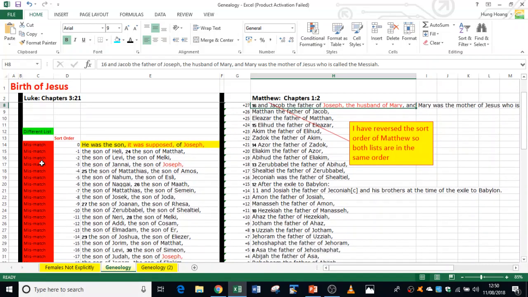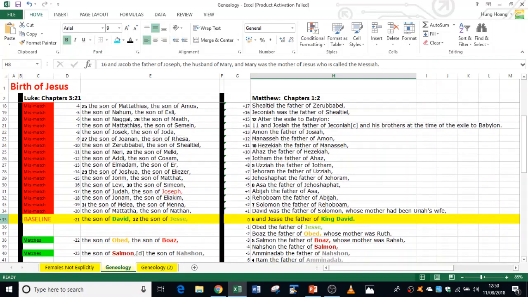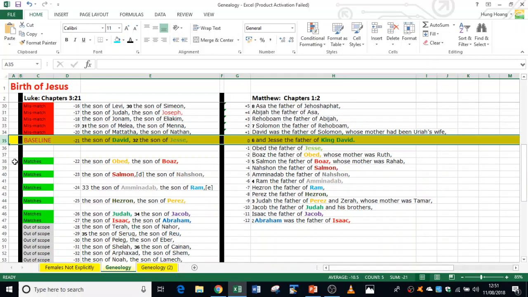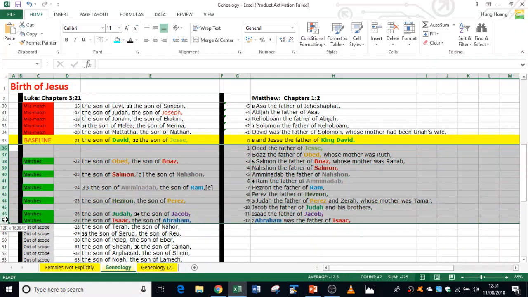Where there's a mismatch, I've highlighted it red. The baseline I've taken as King David. You know what a baseline is. I'm not going to explain it scientifically, but that's base 0, so that's our reference point. As you can see, before King David there's a 100% match back to Abraham and Isaac.